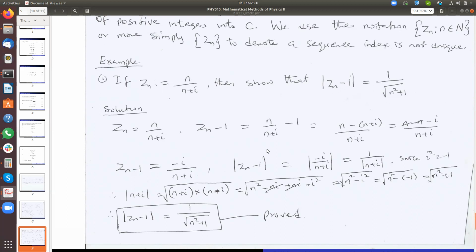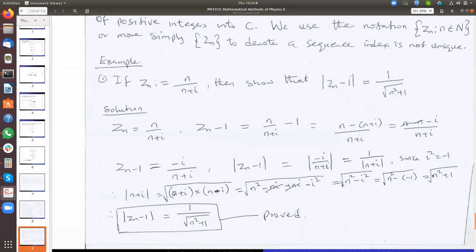So the modulus will now be the modulus of this. Because we know that i squared is equal to minus 1, by the time you take the modulus, the negative will go. So we have this equal to 1.